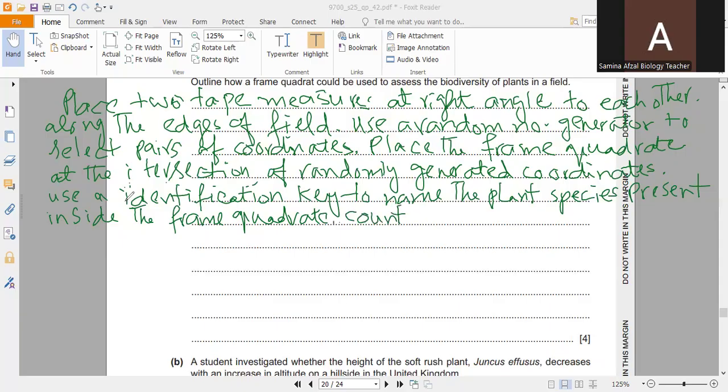Count how many different species are present inside.